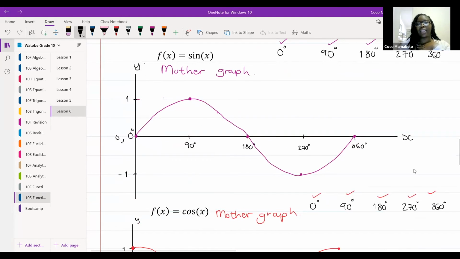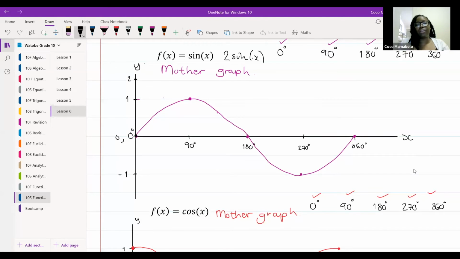Okay, so we're going back to the mother graph of sine. And instead of writing sine of x in our calculator, we're going to go 2 sine of all our values. All right, so punch in 2 sine of 0. Okay, we still get 0.